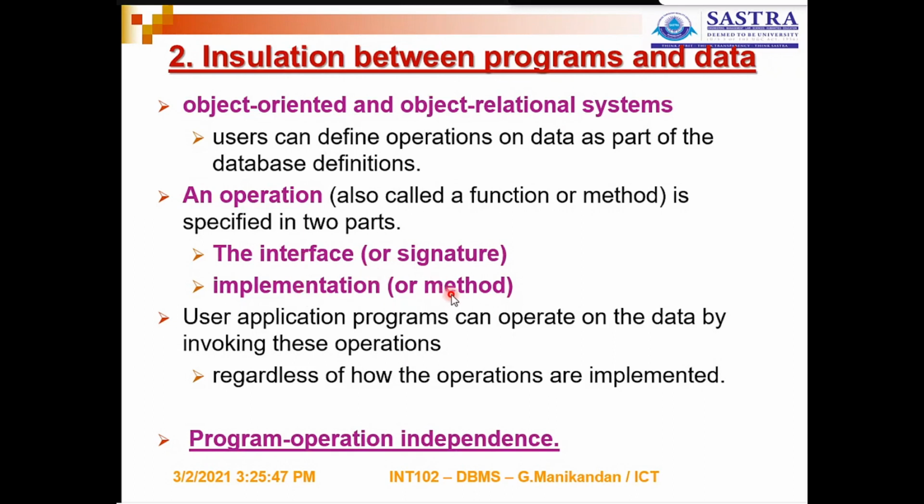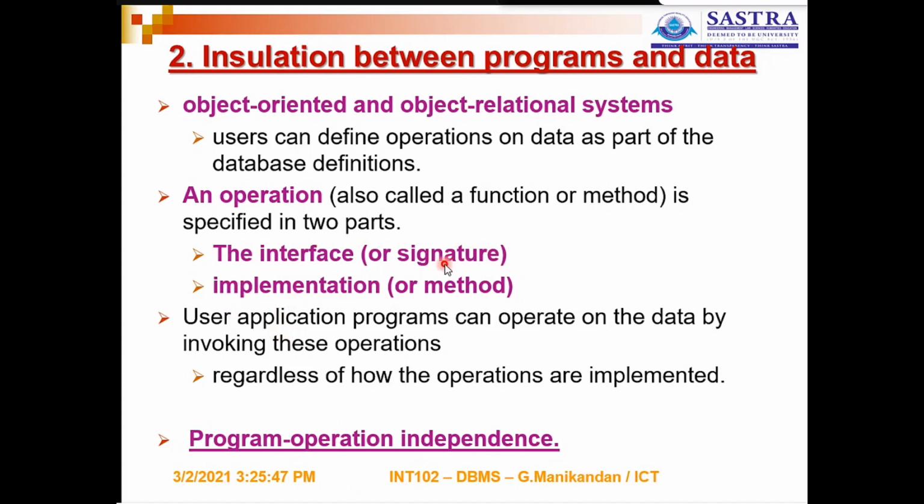Now, the idea behind program operation independence is, from the user's point of view, without knowing the implementation, it is enough if I know the type signature to invoke that particular function.